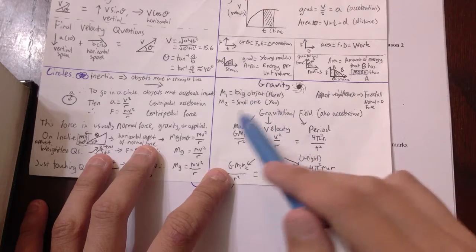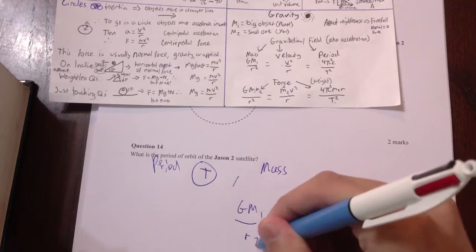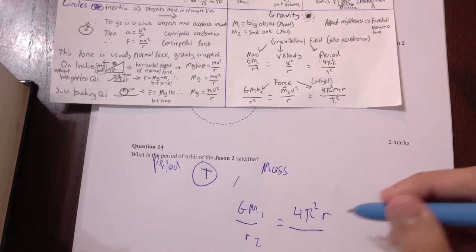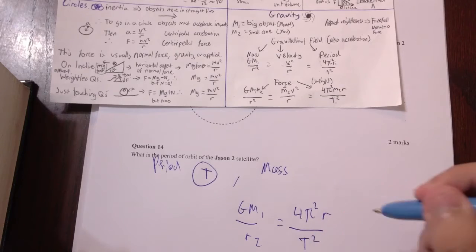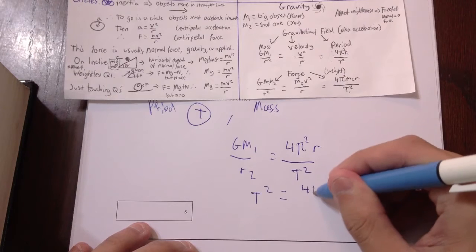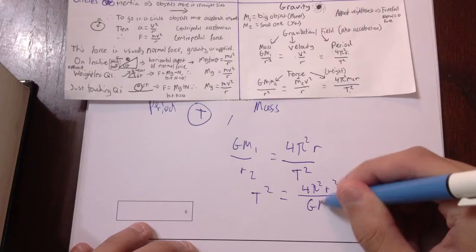So I want period and I have mass, I just write that formula down: GM1 on r squared equals 4 pi squared r on T squared. Or T squared equals 4 pi squared r cubed on GM.